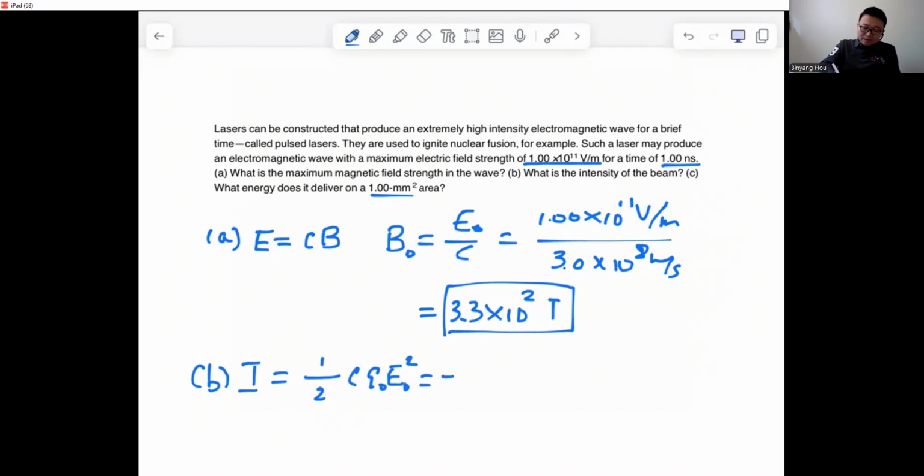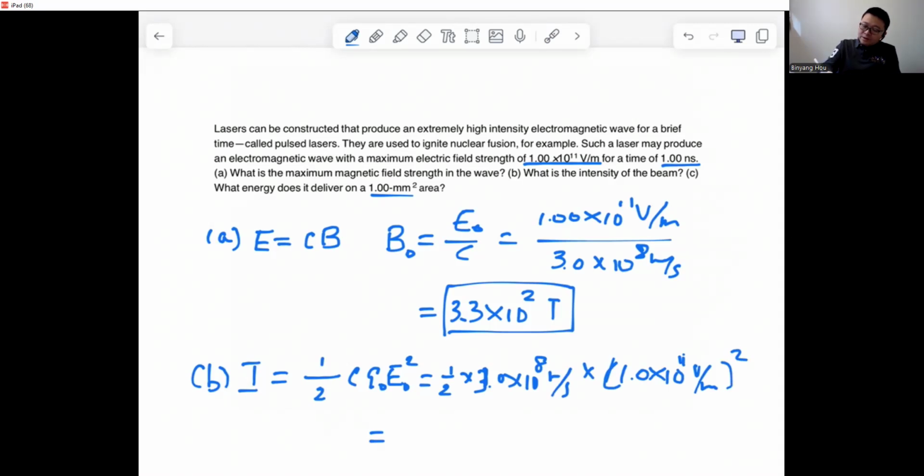Again, we should just plug in the numbers we know. For the speed of light, 3 times 10 to the 8th. And then E naught is given as 1.0 times 10 to the 11th, squared. So all this comes together, and that gives you, I think I'm forgetting epsilon naught.